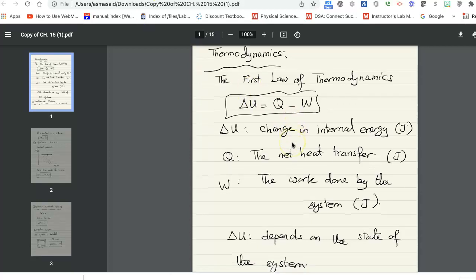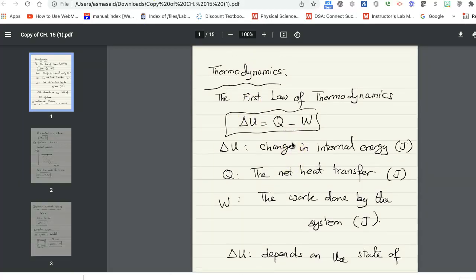Now, as I said, my focus is going to be the first law of thermodynamics. The first law here is telling you that the internal energy of the system, the heat, and the work done are really basically the same thing. What does that mean?